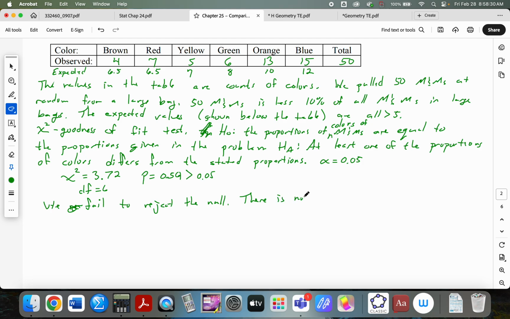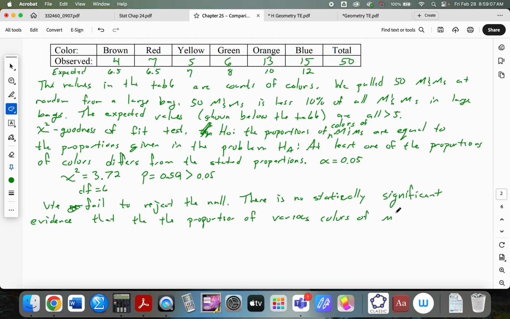There is no statistically significant evidence that the proportion of various colors of M&Ms differs from those given in the problem.